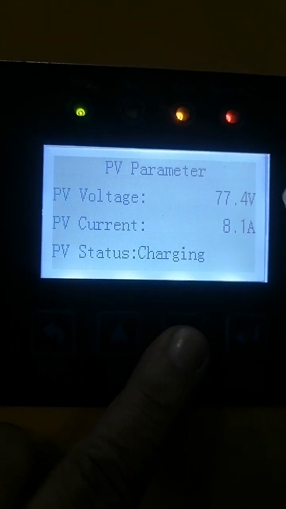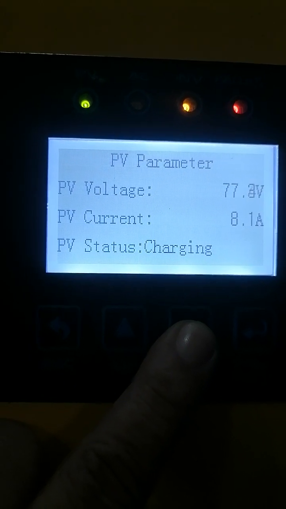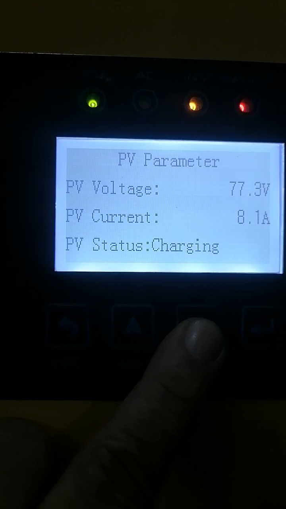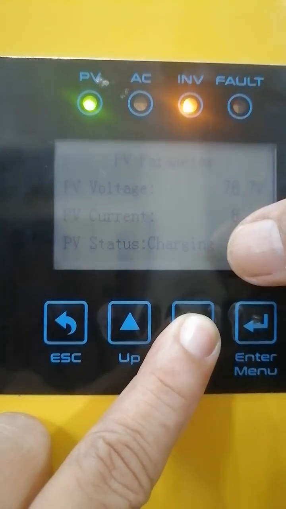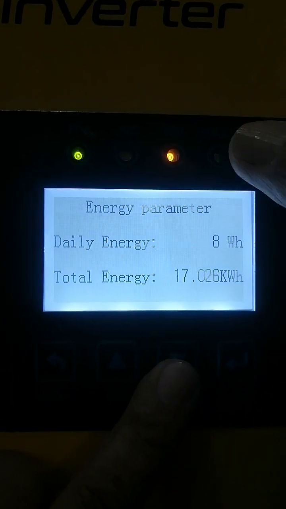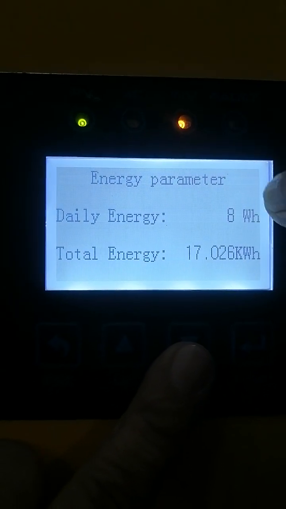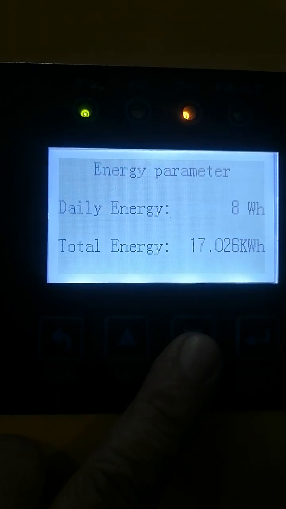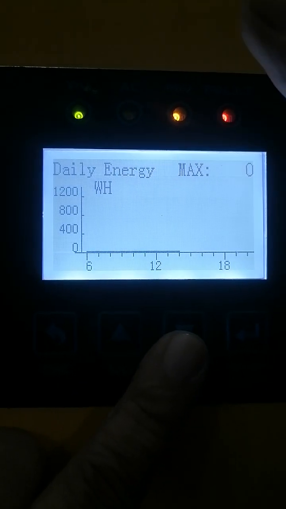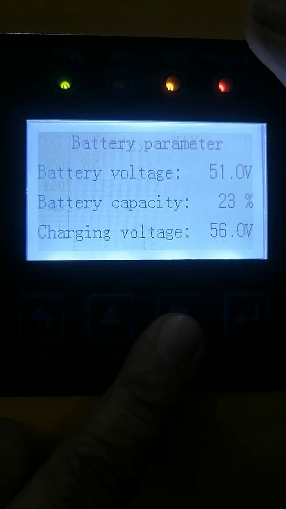PB parameters, 77 volts, and the current ampere right now is 8.1 amps. Charging status, solar is charging. Energy parameters, daily 8 watts. This is since they start. Okay, so nothing more to see.